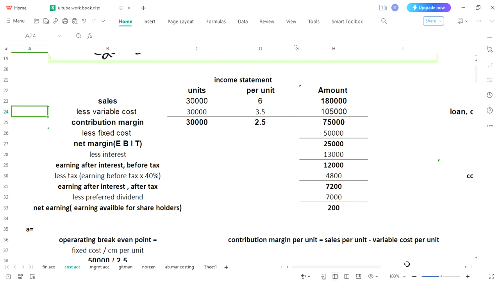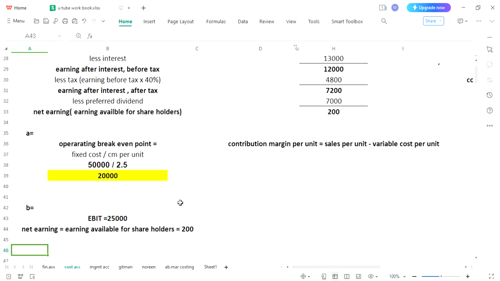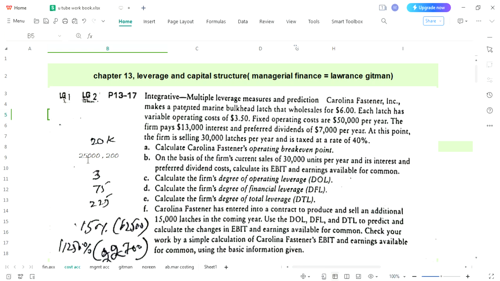You will have to pay outsiders, interest and tax, first, and then you can distribute the remaining profit among shareholders. As you can see, interest was paid, tax was paid, and out of the remaining amount we paid 7,000 as preferred dividend, leaving only $200 available for the common shareholders. So we do not need to perform any function over here. We have already calculated EBIT of 25,000 and 200 available for shareholders.